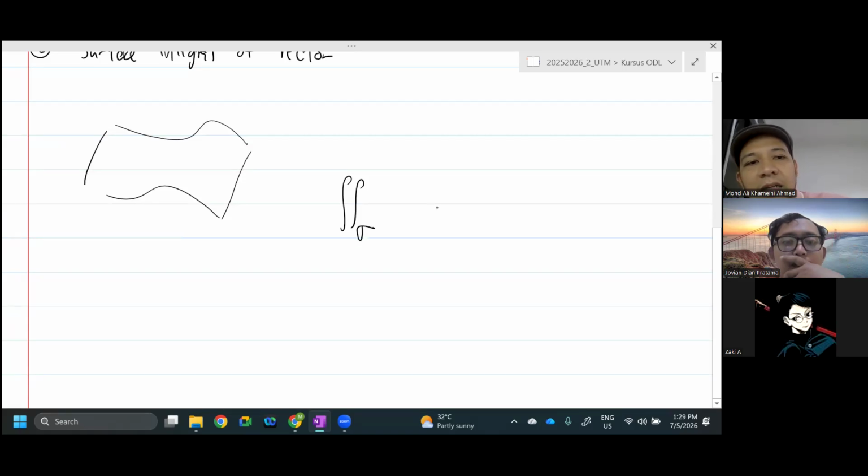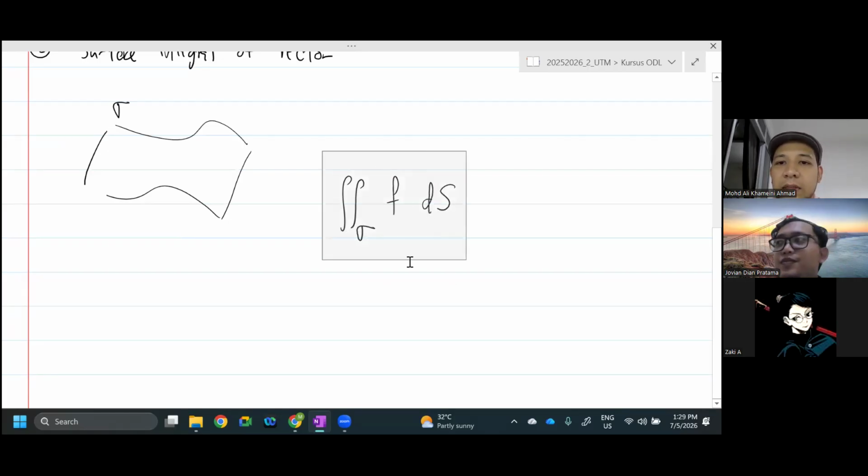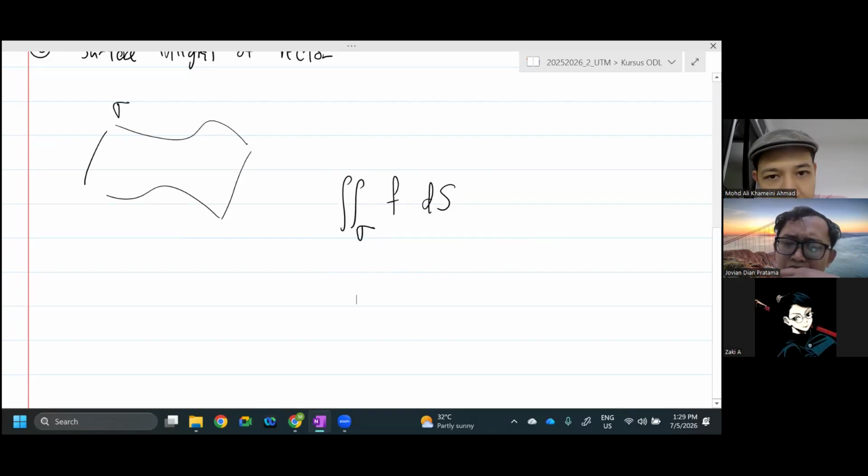Let me denote the surface by S, so you have the integral of f dS. This is what we are going to do in the whole lecture today: integrate the function over some surface. Since a surface is two-dimensional, you have a double integral sign here.